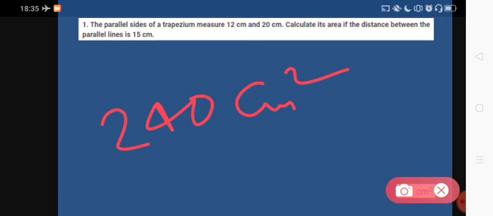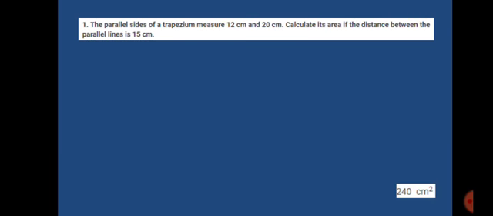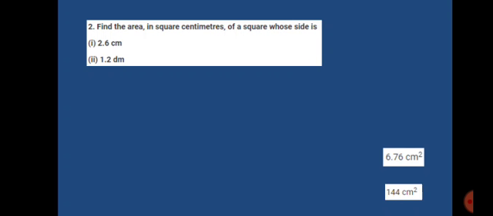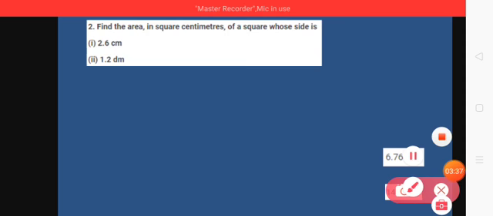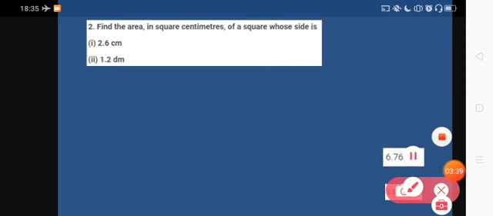Now we go on to the second question. Find the area in square centimeter of a square whose sides are these. There are two questions in it. The first is, find the area of the square.